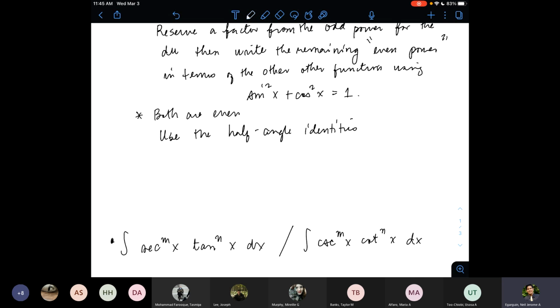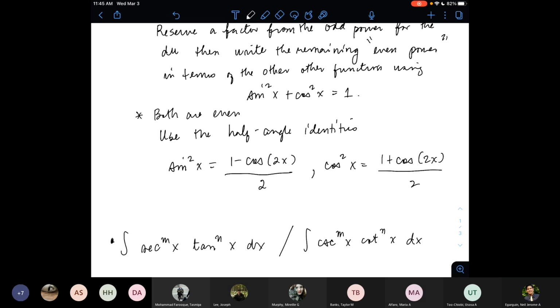So here, what I mean about half angle identities is that sine squared x is equal to 1 minus cosine of 2x all over 2, and cosine squared x is equal to 1 plus cosine 2x over 2. So these are identities that you have met in algebra and trigonometry.